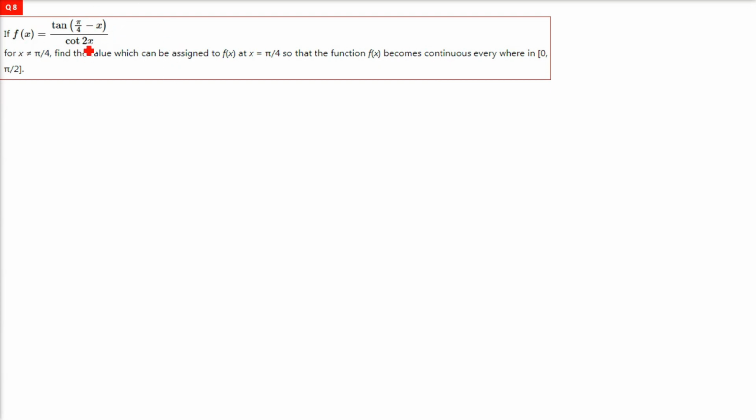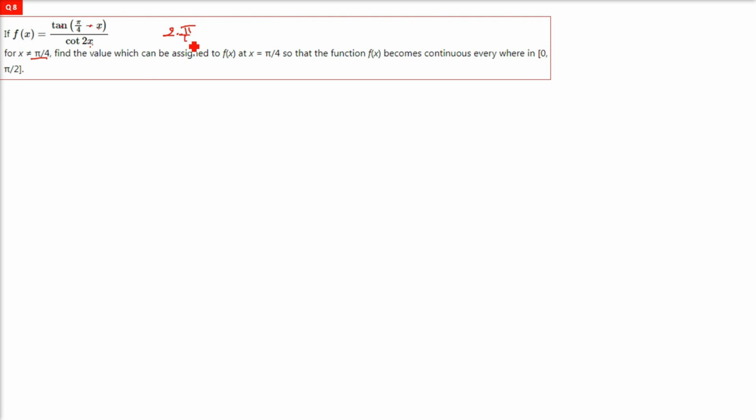If f(x) is tan(pi/4 minus x) cot 2x, for x not equal to pi/4, it is very clear that x cannot take the value pi/4, because tan(pi/4 minus pi/4) is tan 0.